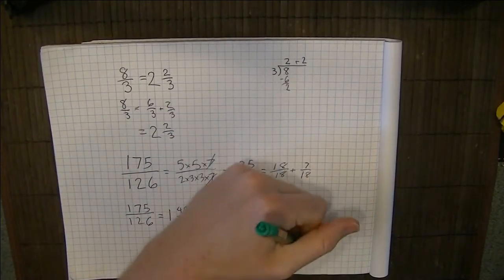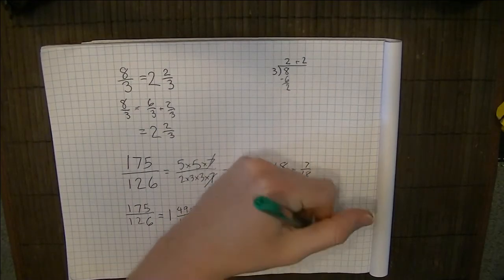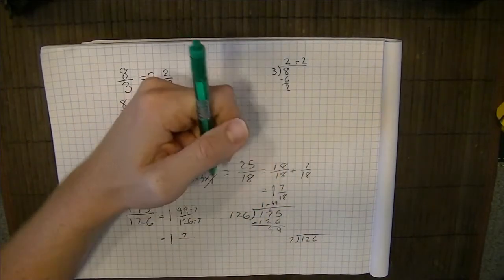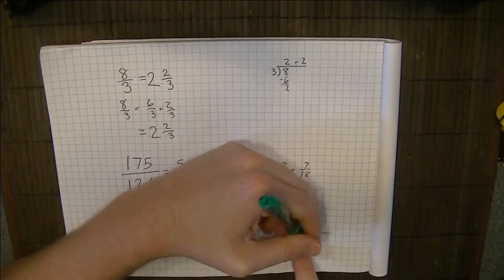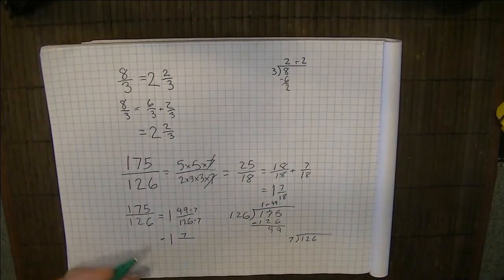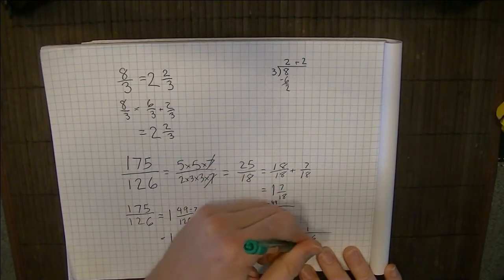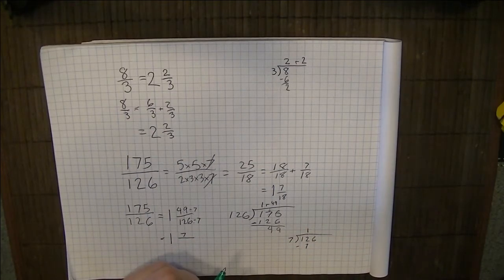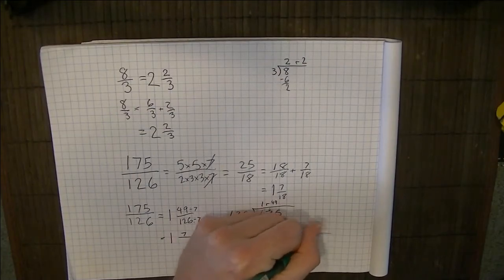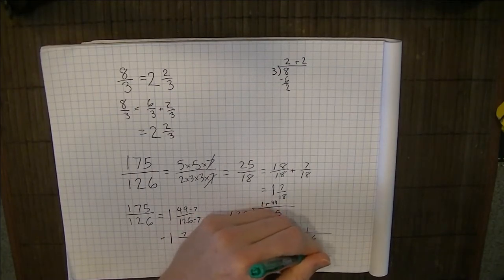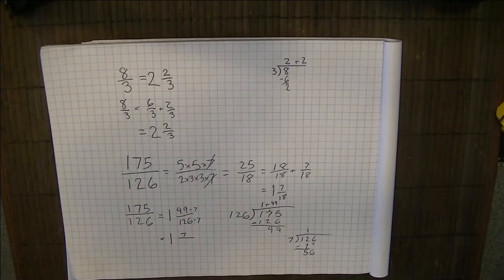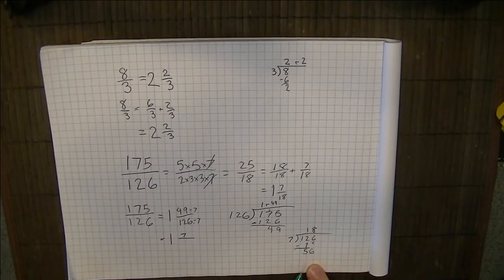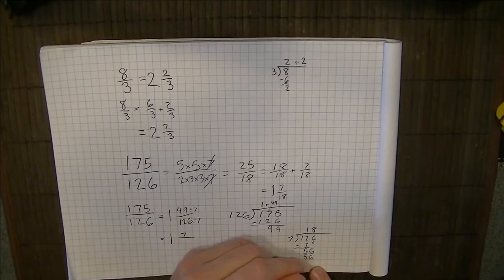All right, so 49 is 7 times 7, so 49 divided by 7 is 7, and 126 divided by 7, well, let's just quickly sketch that out over here. I know we know the answer is 18, but let's just say we didn't know that. 7 goes into 12 how many times? Once. 1 times 7 is 7. 12 minus 7 is 5, and then bring down the 6. 7 goes into 56 exactly 8 times. 8 times 7 is exactly 56.